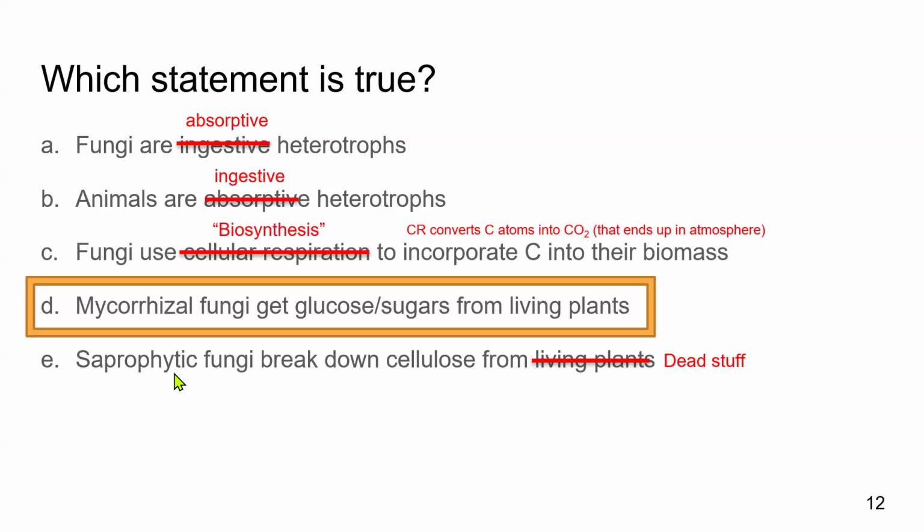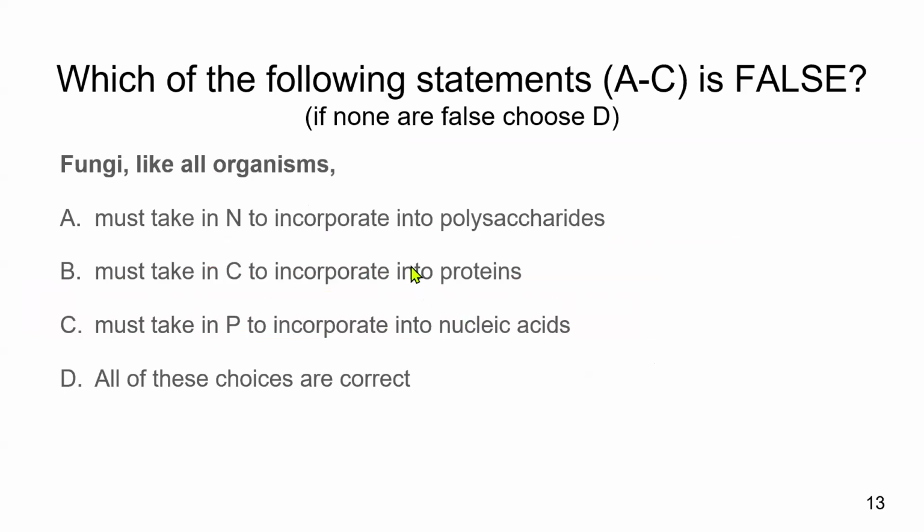So saprophytic is dead stuff. Parasitic is going to break down from living things, plants or animals. Any questions about any of those choices? All right, let's try this one.